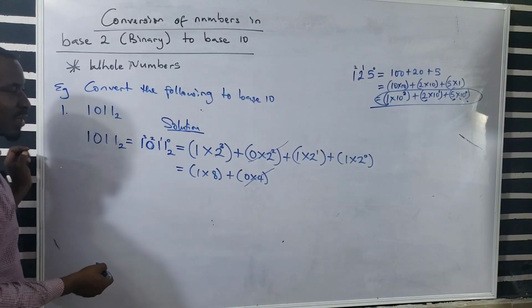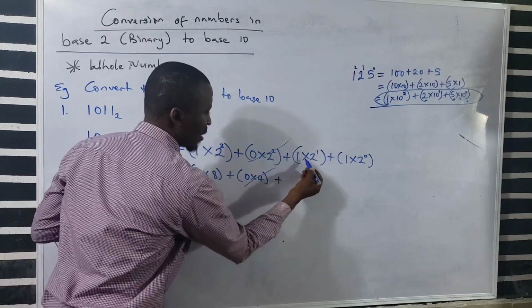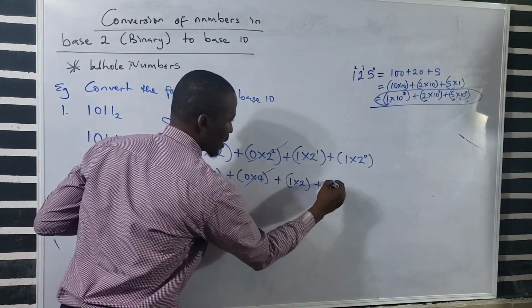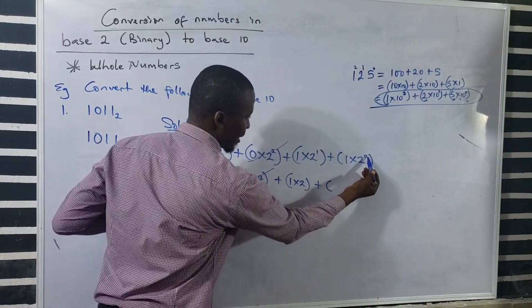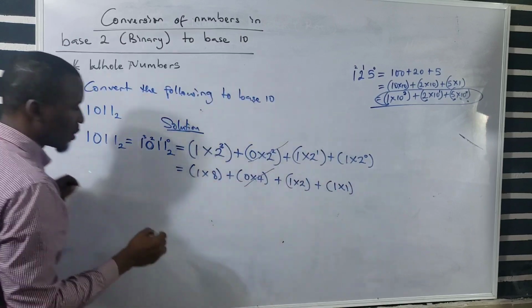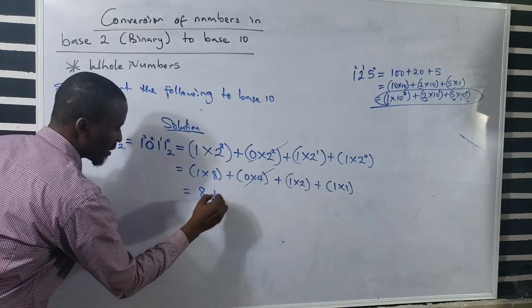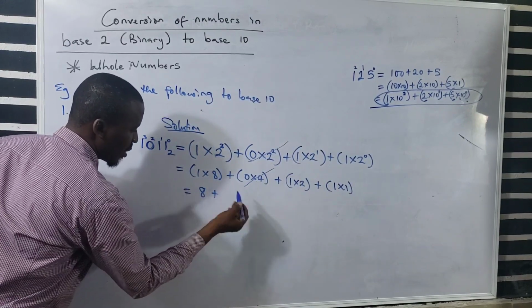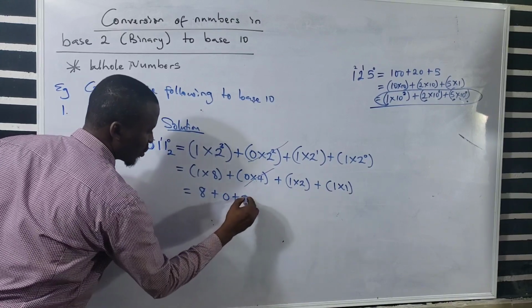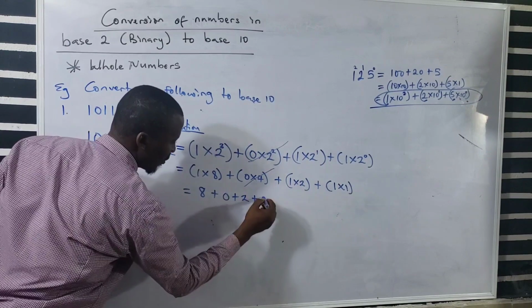So let's cancel that one out. Plus, this one will give you 1 times 2, plus any number raised to power 0 will give you 1. So we have 1 times 1. So this will give you 8 plus, of course, this one is 0. You can decide to write it, you can decide to skip it. This one will give you 2. This one will give you 1.